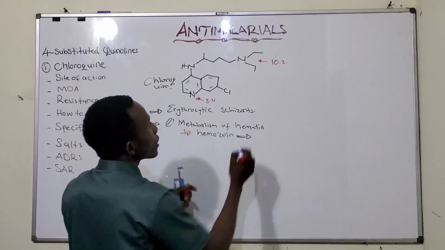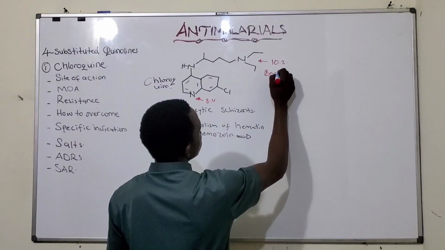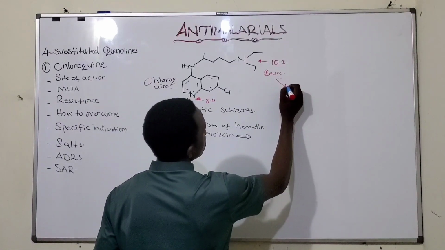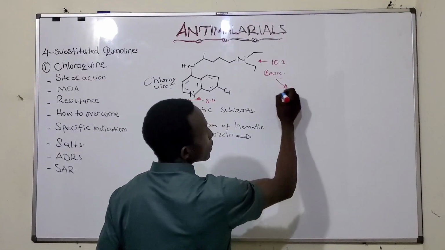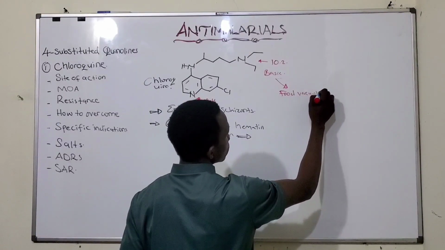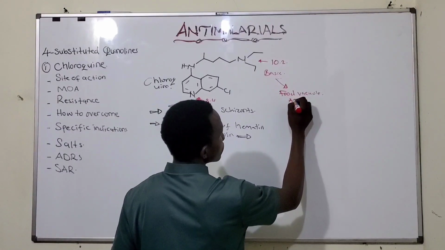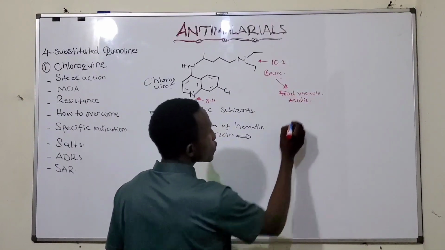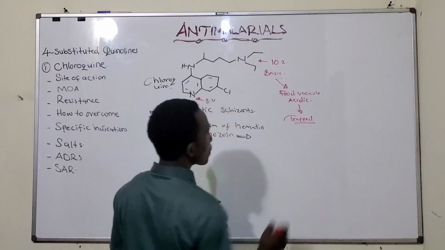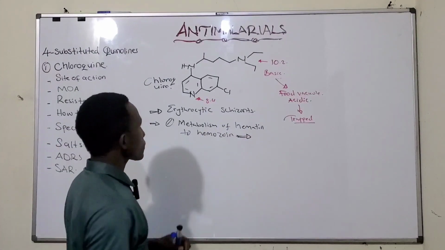Because it is basic, it can enter the parasite and go into the food vacuole, where the pH is acidic. This means the drug will be trapped, and when trapped, it binds to the hematin and prevents its conversion to hemozoin.